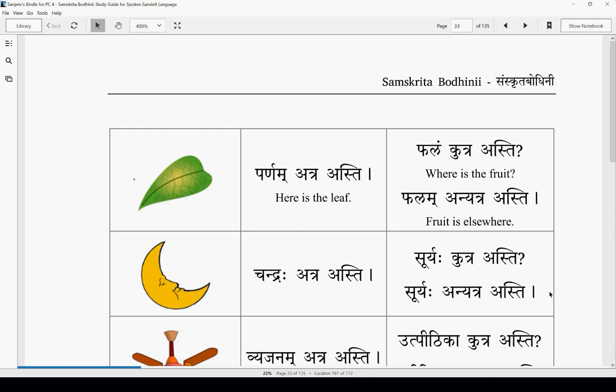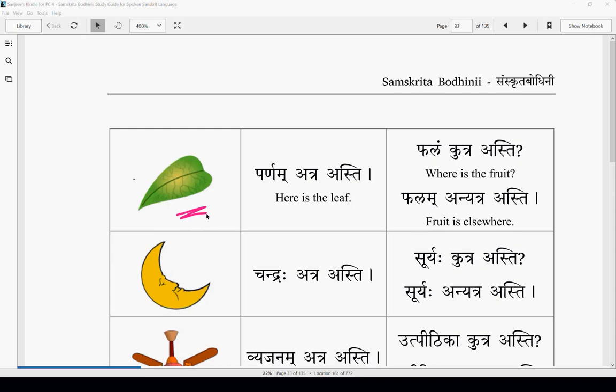First is atra: we see the leaf here, parnam atra asti. And then phalam kutra asti. The question is, where is the fruit? Kutra, where? Phalam anyatra asti, because we don't see the fruit in this block.